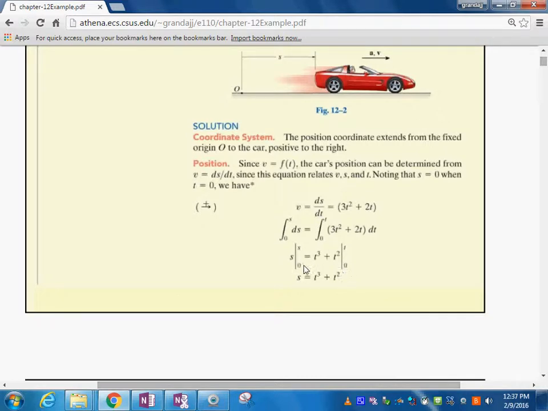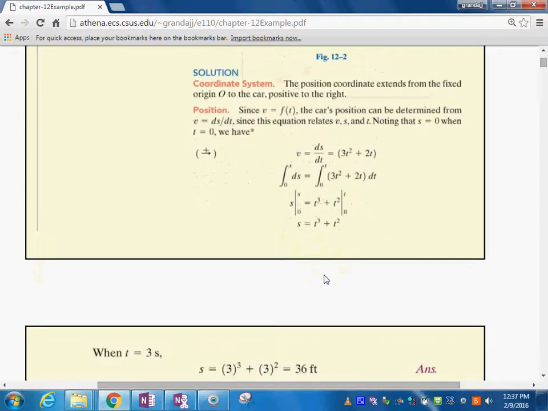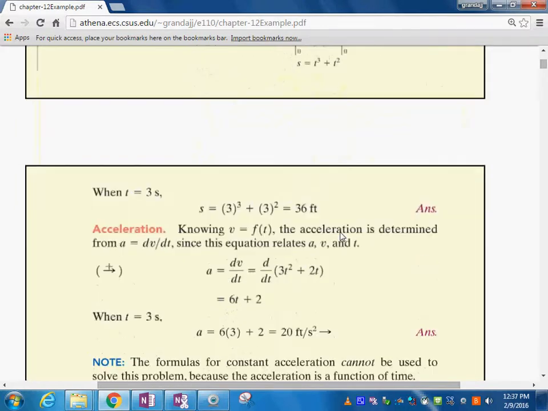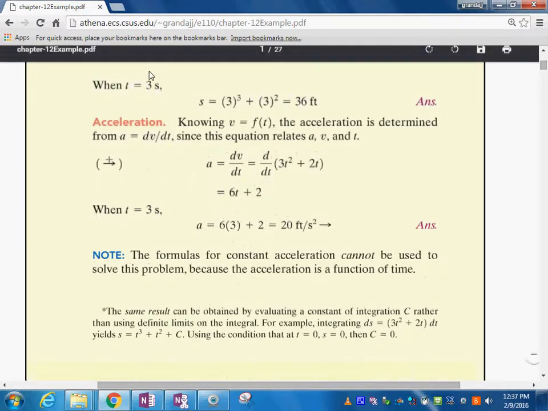So you're integrating 3t squared plus 2t. And then you have that s is t cubed plus t squared. So when you have t equals 3 seconds, then the position would be 36 feet.